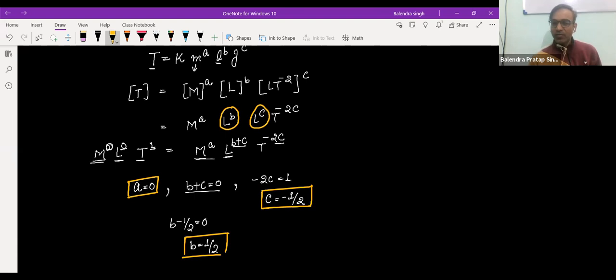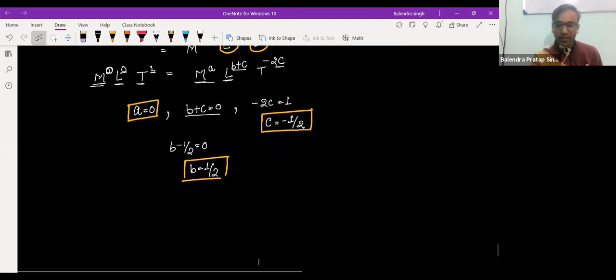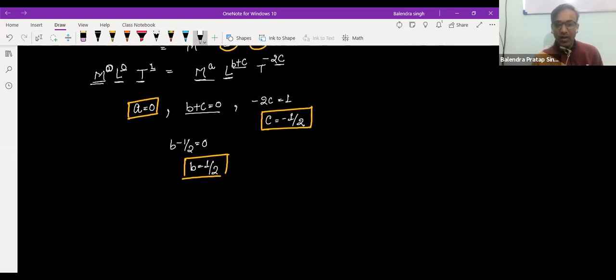Now you can use these three values in our equation. What is our equation? Our equation was T equals k, M raised to the power a, L raised to the power b, and g raised to the power c. The value of a is 0, so M raised to the power 0, L raised to the power b, which is 1 by 2, and g raised to the power c, which is minus 1 by 2.